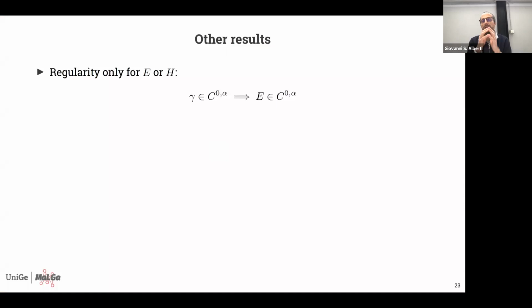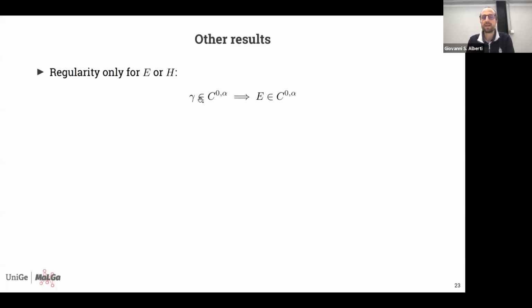However, the interesting thing is that this approach, since it reduces completely to the elliptic case, allows one to explore other directions and obtain other regularity results. For example, the first one is again on the Hölder class, but in this case, we require only gamma to be regular. So one of the two coefficients to be regular. In this case, you get only one solution to be regular.